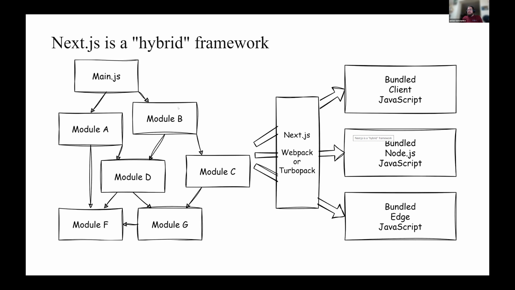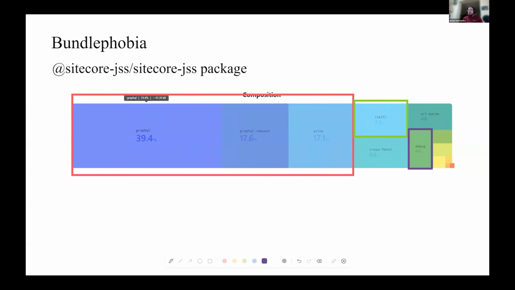There are also some strange parts like debug. I don't think debug should be about half of the code of the package itself, so it probably can also be improved. But let's think about GraphQL, GraphQL request, and Axios.